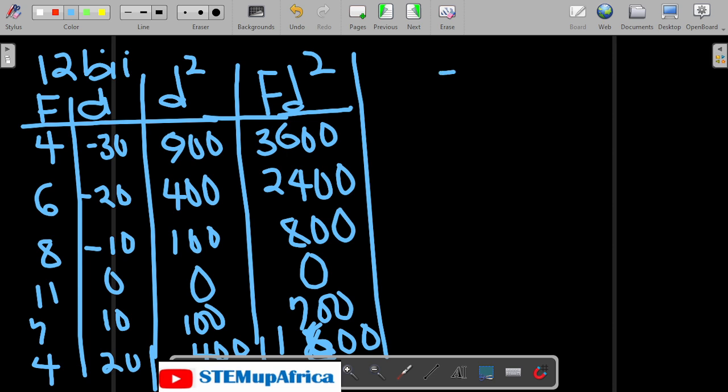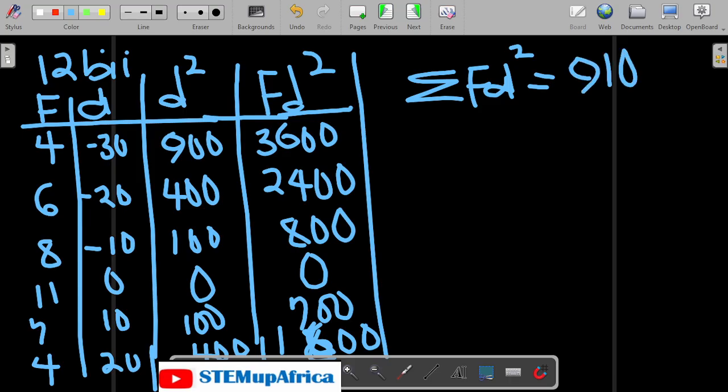So what is our summation FD square? Let's add all the FD square: 3,600 plus 2,400 plus 800 plus 700 plus 1,600. That will give us 9,100.